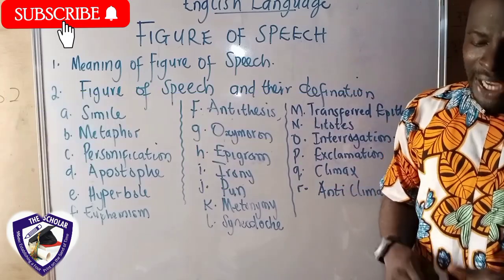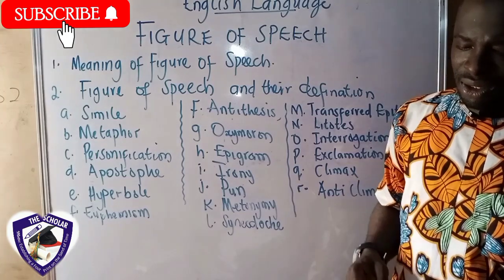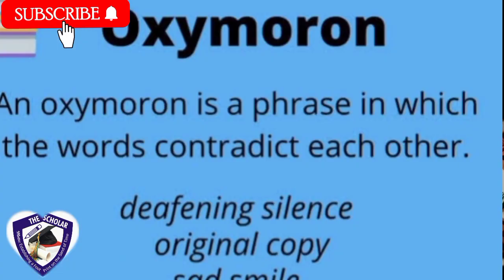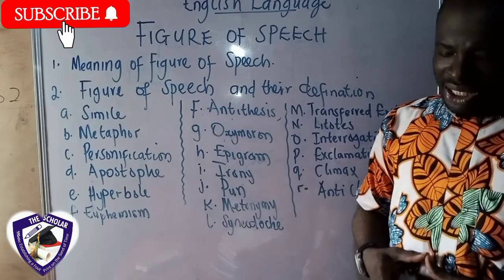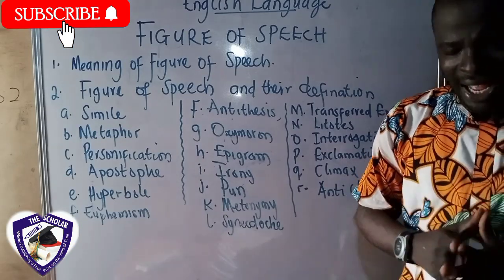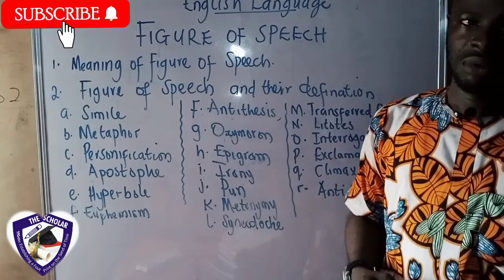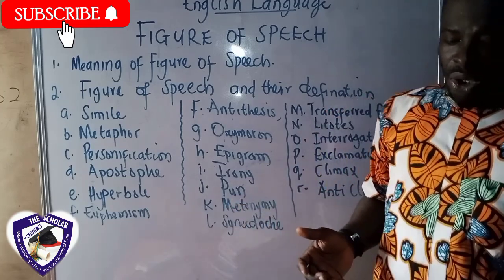So when we express two contradictory qualities of the same thing figuratively in the English language, we refer to such as an oxymoron. All right? We can also say Ada was the wisest fool. It's also an example, and so on.